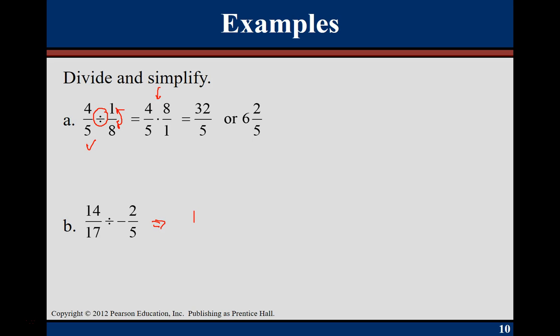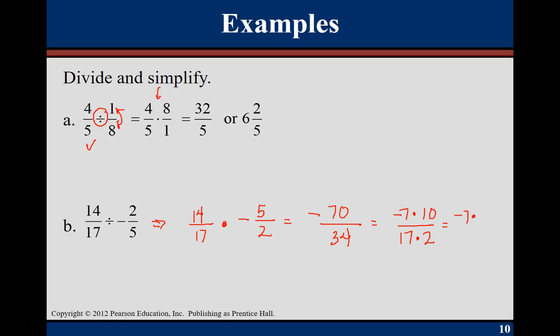Letter B would stay 14 over 17, but my division would become multiplication, and then my fraction of negative 2/5 would turn into a negative 5/2. Positive times a negative is a negative. 14 times 5 is 70, and 17 times 2 is 34.